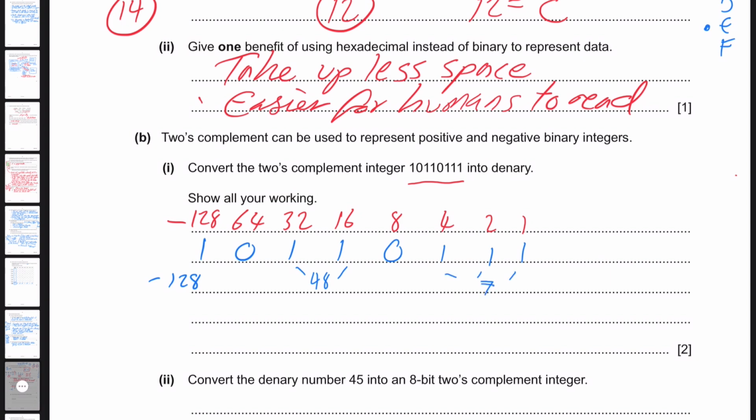So 48 plus 7 would give me 55. So minus 128 plus positive 55 would give me negative 73. So this is basically how I would do that. Whatever numbers I've got here, add them all up and add them to minus 128. If you take 55 away from 128, put a minus number in front of it.